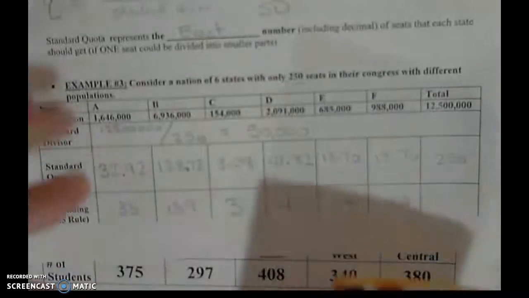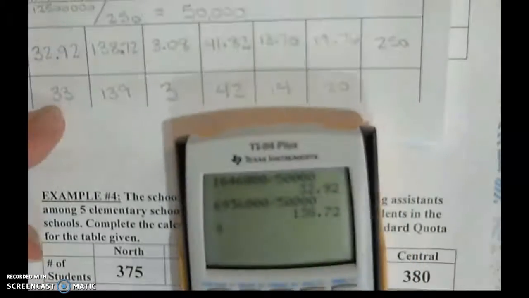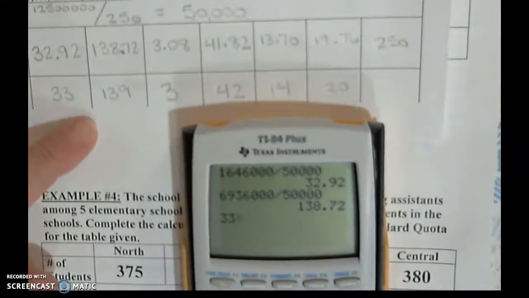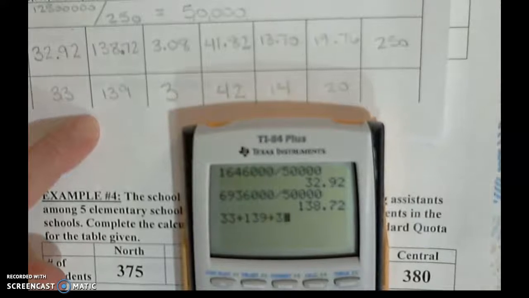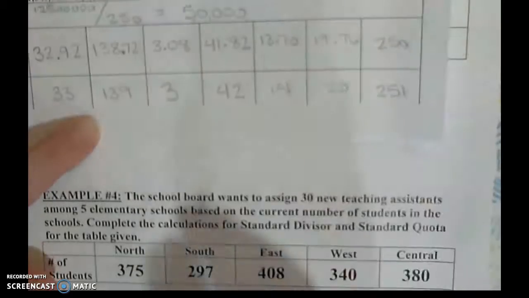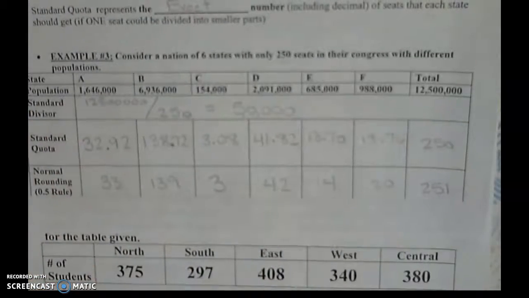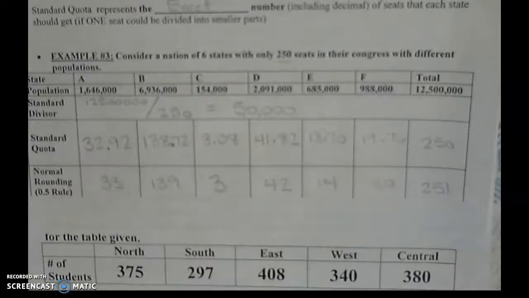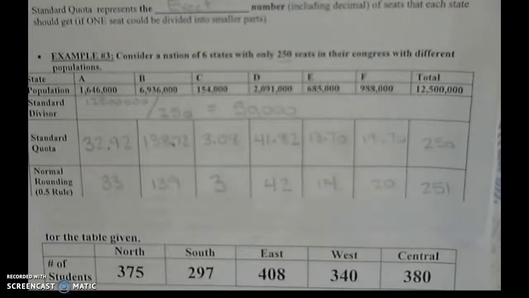Okay, so now if we add all those numbers together, 33 plus 139 plus 3 plus 42 plus 14 plus 20, we get 251. Well, there's only 250 seats in our Congress, so we're going to have a problem.